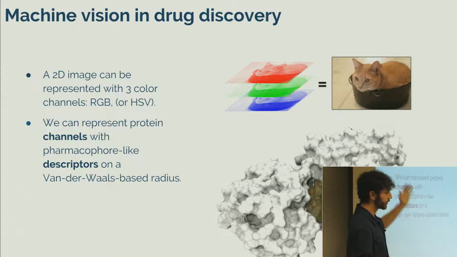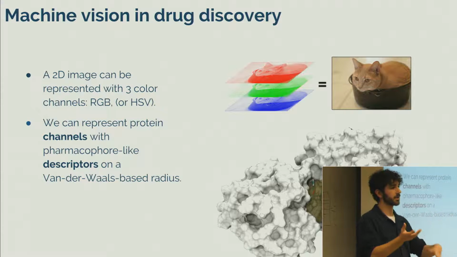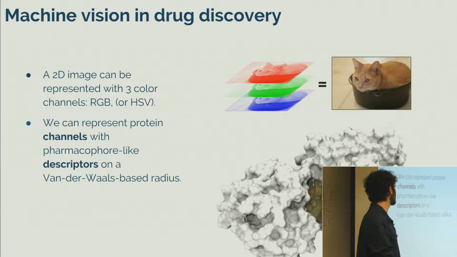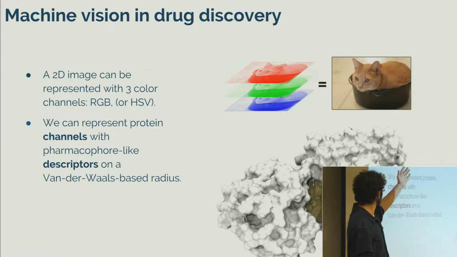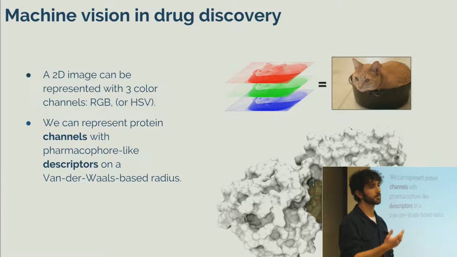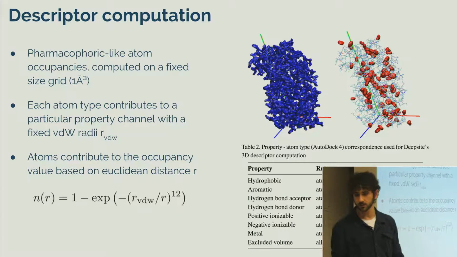So we just brought this technology into proteins, and the idea is to treat the protein structure that is uploaded in the PDB as a 3D image. As a 2D image can be represented in 3 channels, which can be colors, we can do the same in proteins, but with different atomic properties.